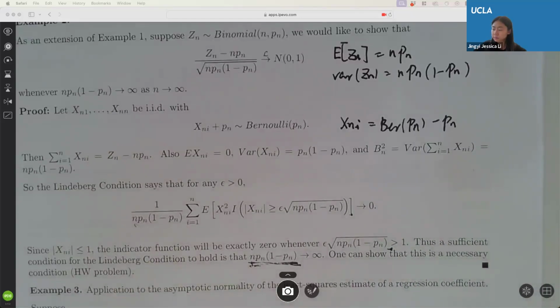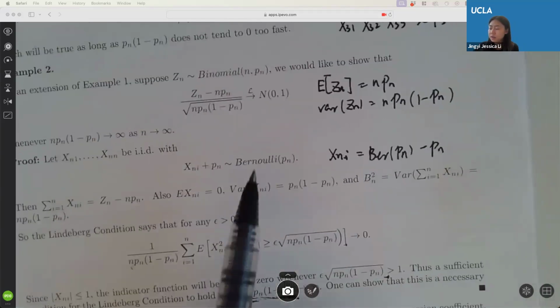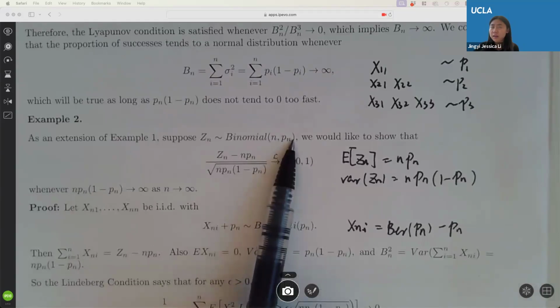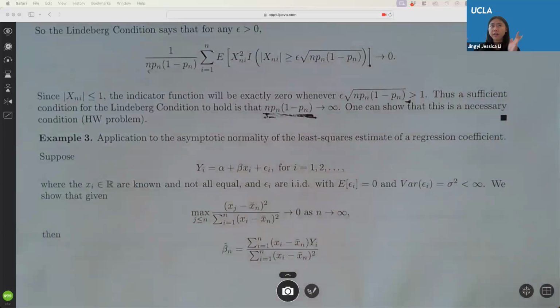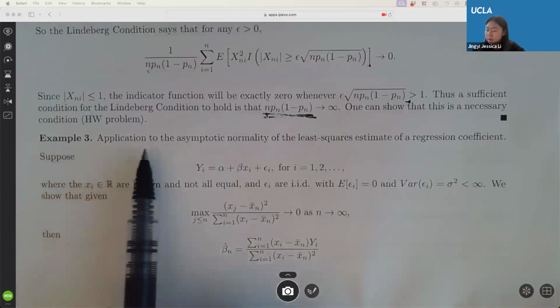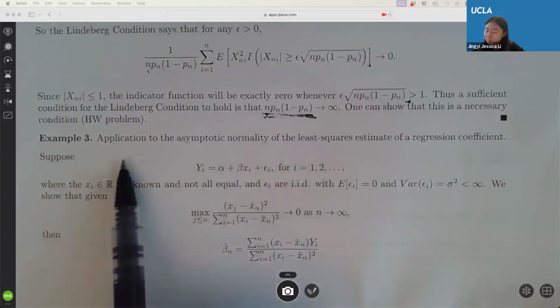This is a necessary condition. Okay, so this is the second application of Lindeberg-Feller, to show that if you have a changing coin-tossing probability, you can still have a central limit theorem-like result, as long as your coin-tossing probability doesn't converge to 0 or 1 too quickly.